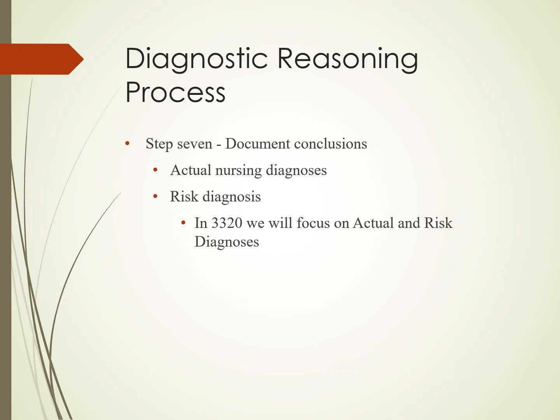And then the last, you're going to document the conclusion. So we're going to show you how this is the actual diagnosis, and this is the evidence that goes with that diagnosis. There is a possibility you could have a secondary diagnosis as a risk, but you will always have an actual diagnosis first as the priority.